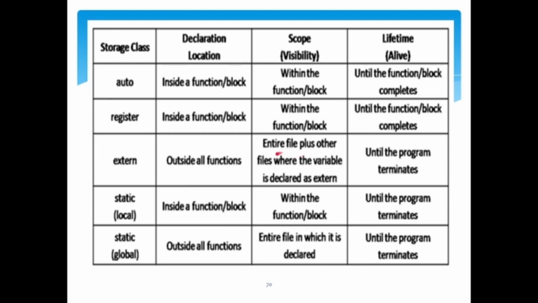Suppose, let us take there are 2 files. In the first file you have declared extern, so the scope is there in that first file where you have declared extern, and also in some other file where you have declared extern as well. Suppose if you have written extern in other file also, there also the extern keyword is valid.